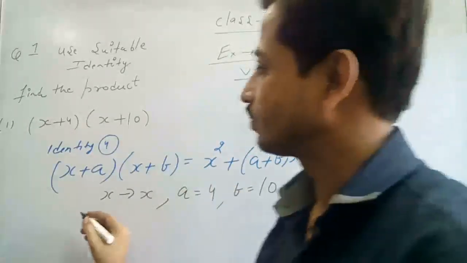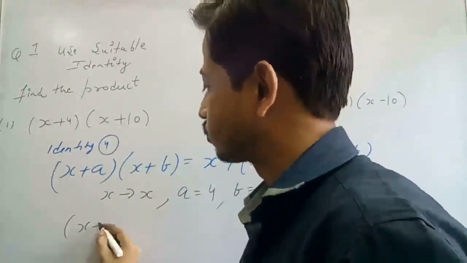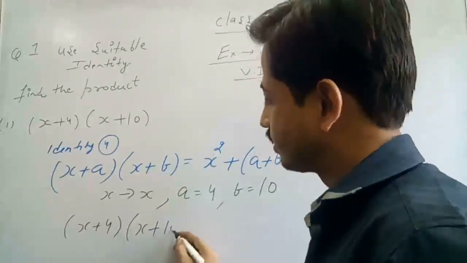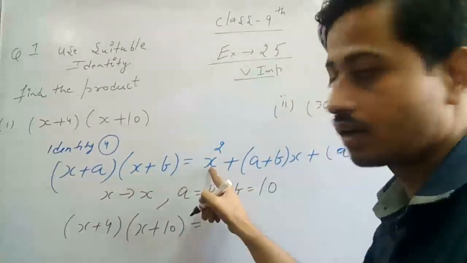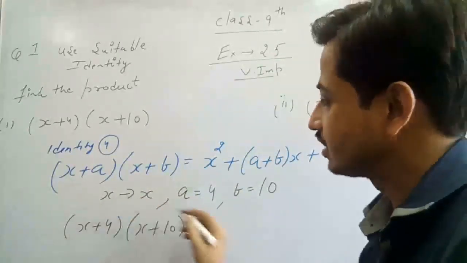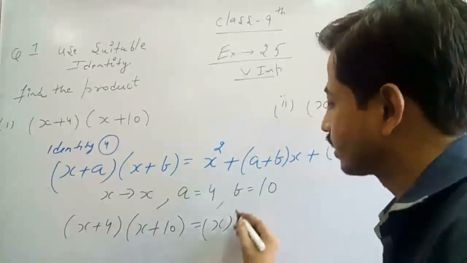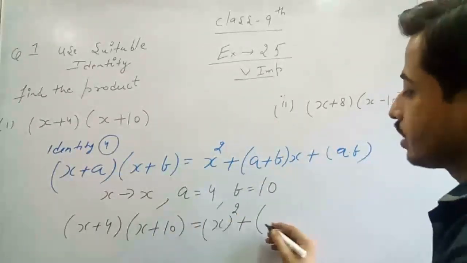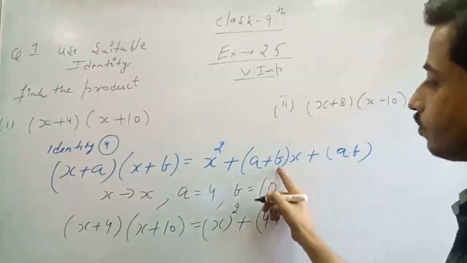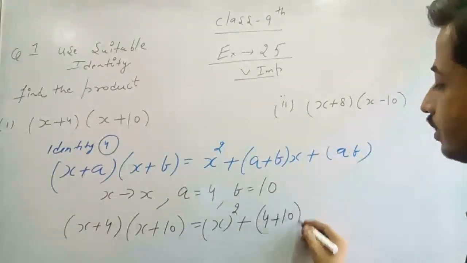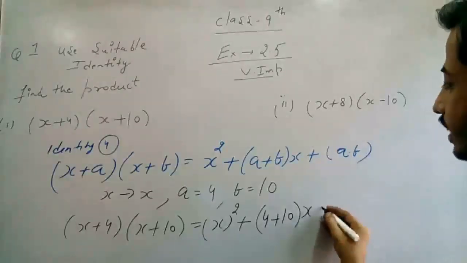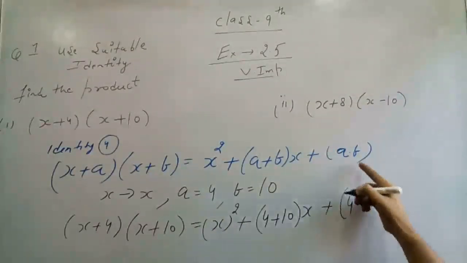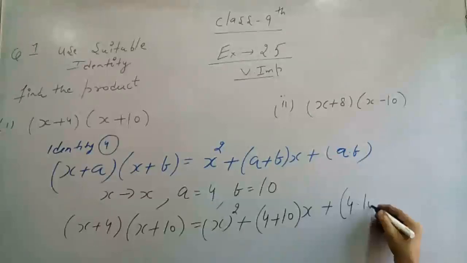Now apply. (x + 4)(x + 10) is equal to x square, and we know x is as it is, plus (a + b), a is 4 and b is 10, into x, as it is, plus a into b, 4 into 10.